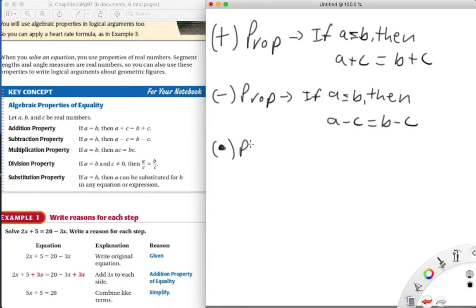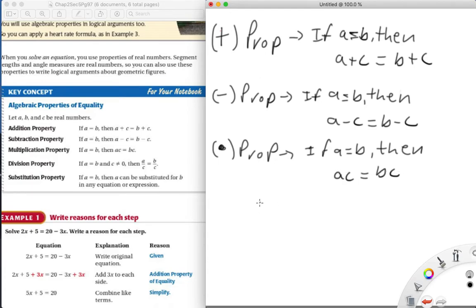Now we're justifying, and that's actually what we're doing. Multiplication property of equality: again, if A equals B, then A times C is equal to B times C.